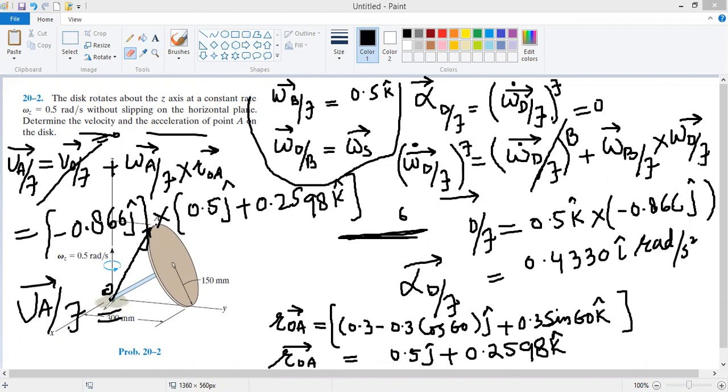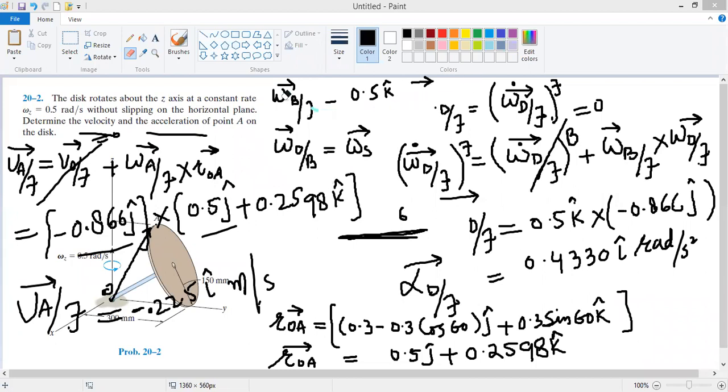Okay, so once we perform this cross product, we'll get velocity of A with respect to ground. j cross j is 0. Okay, fine. So we have 0.866 multiplied by 0.2598. It becomes equal to minus, because j cross k is i but you have your minus, so it will be minus 0.225 i cap meter per second. Therefore, this is the first expression that we have calculated.